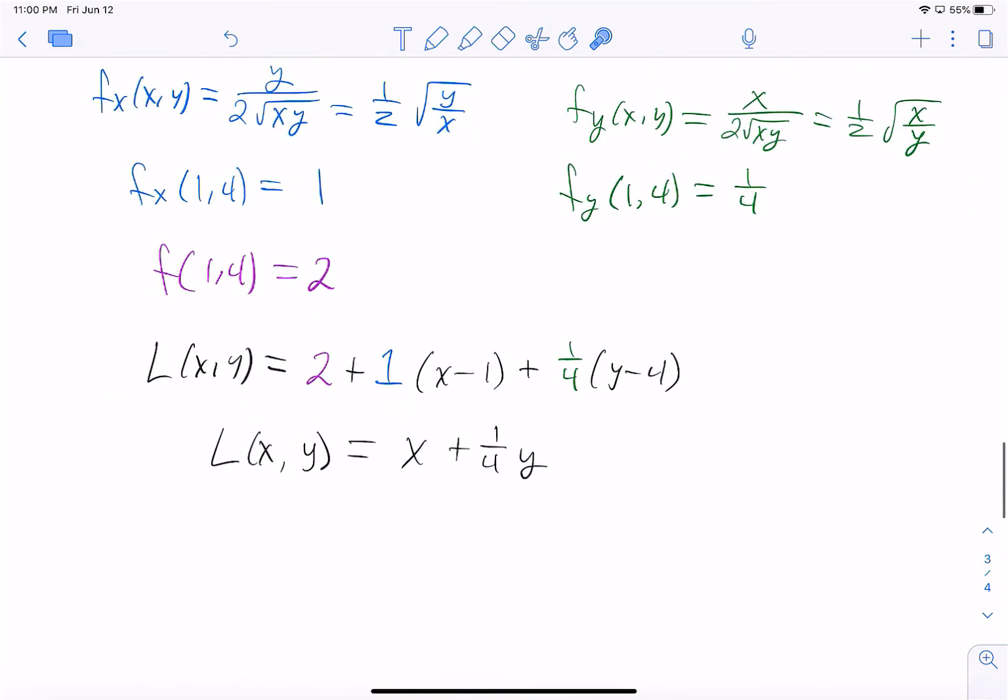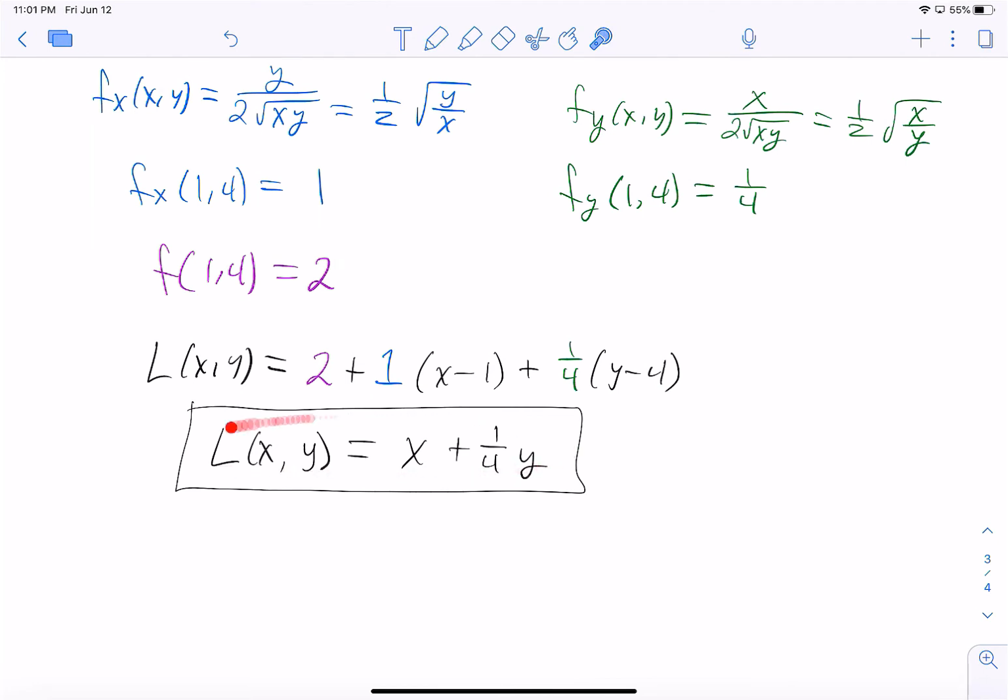Putting this together, L(x, y) is 2 plus 1 times the quantity (x - 1), right? 1 taking the place of a, and 1 plus 1/4 times the quantity (y - 4), where 4 is playing the role of b. Simplifying this equation gives us that L(x, y) is equal to x plus 1/4 y.